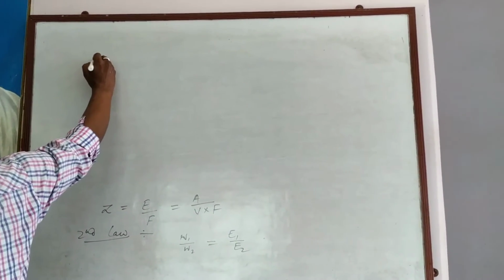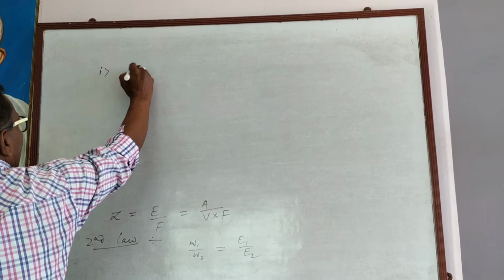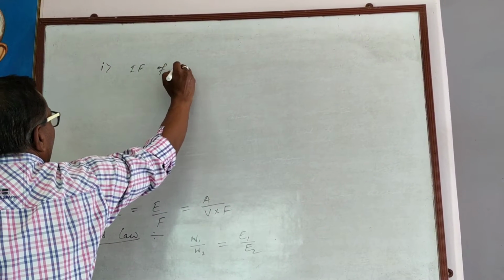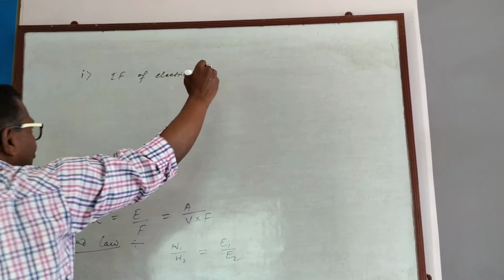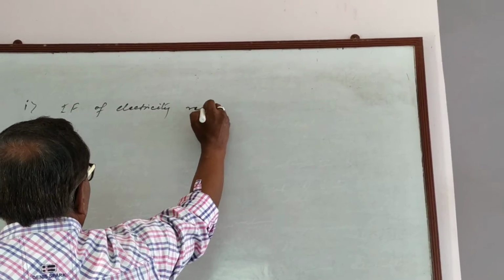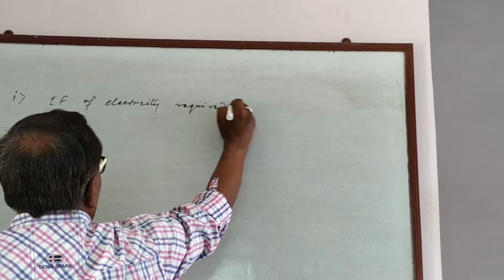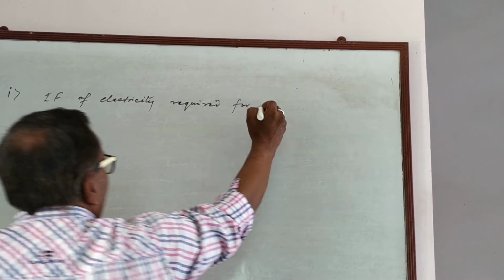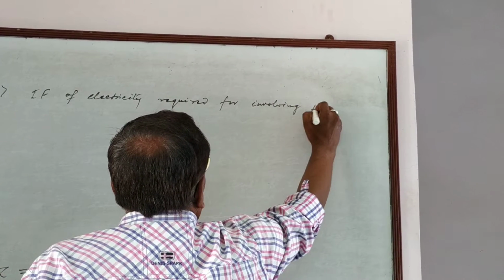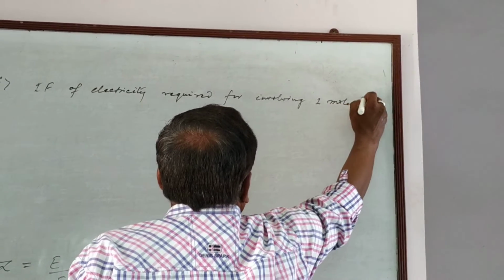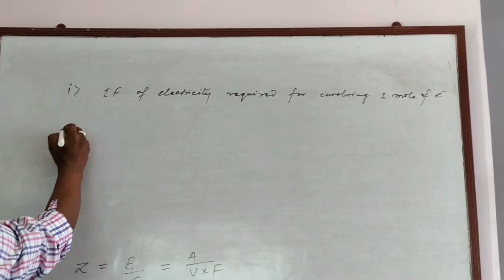Point number one is: 1 Faraday of electricity or electric charge is required for, or involves, 1 mole of electrons.